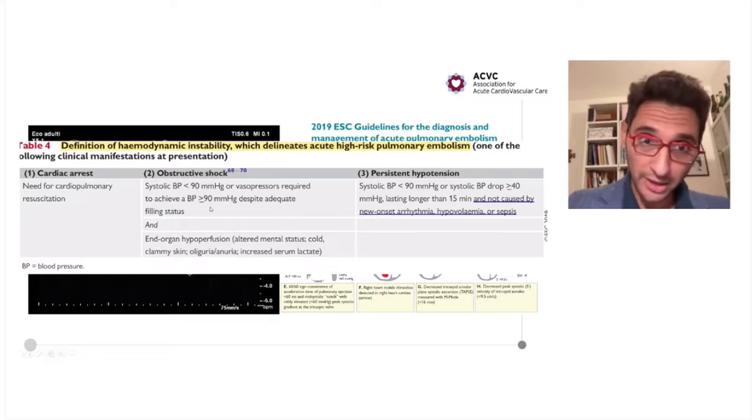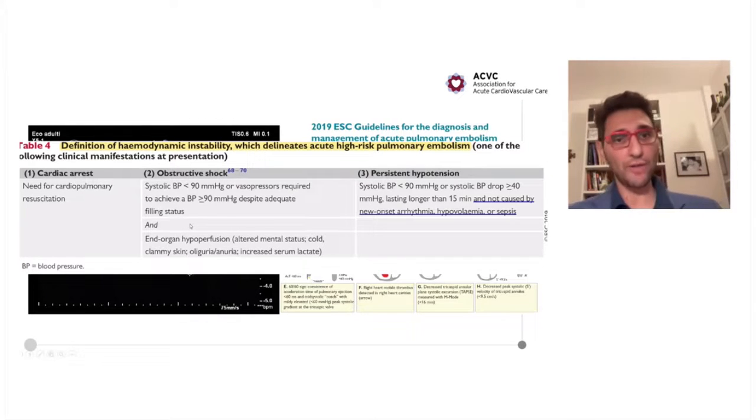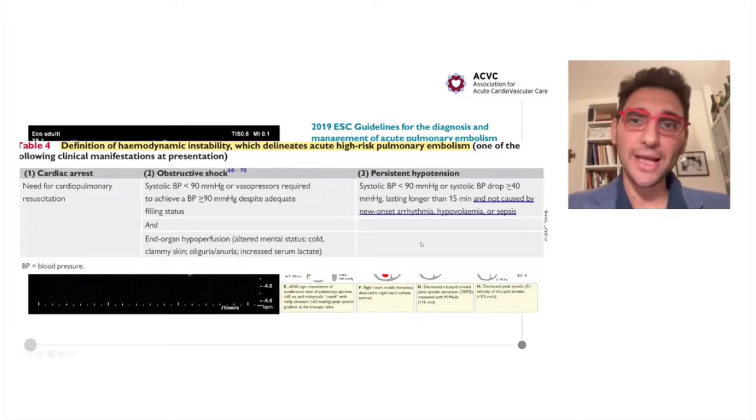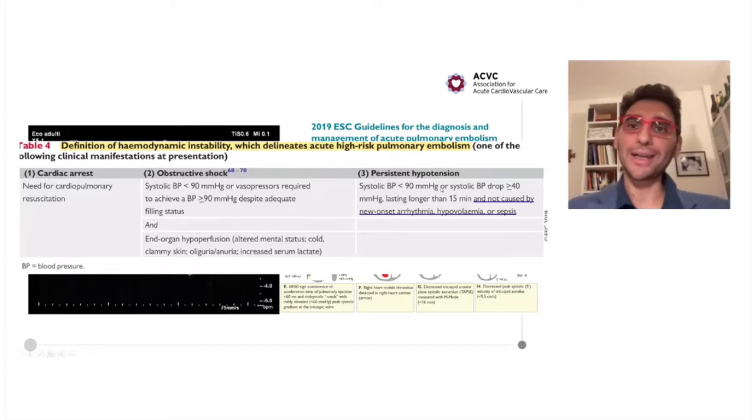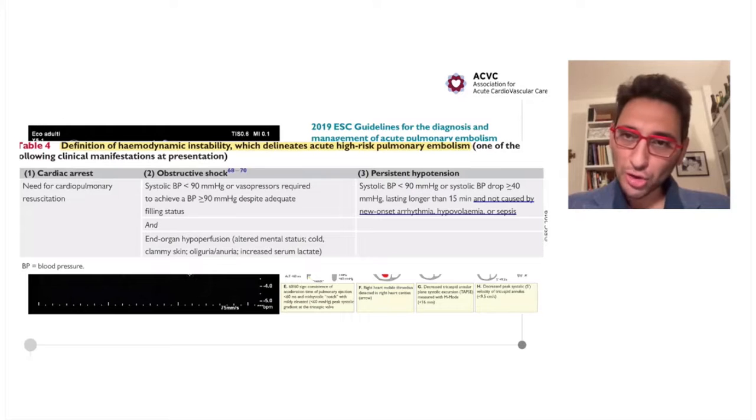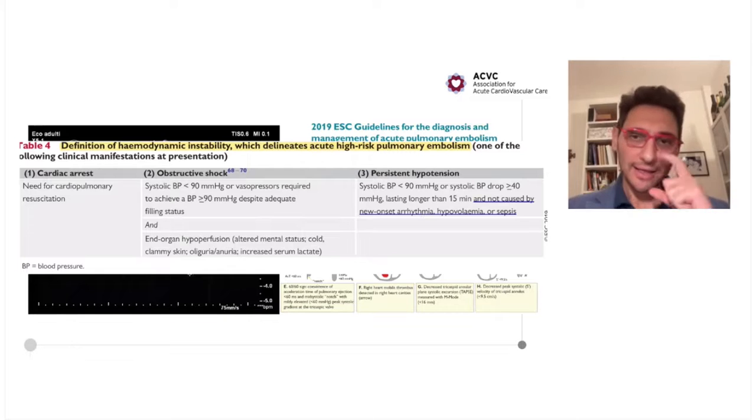Shock, obstructive shock, is the definition that we use, with evidence of organ hypoperfusion. But always remember that persistent hypotension is per se an indication if it lasts longer than 15 minutes per guideline, and it is not caused by arrhythmia, such as atrial fibrillation, which is very common in this setting, or in patients that are preload dependent, hypovolemia, or sepsis.